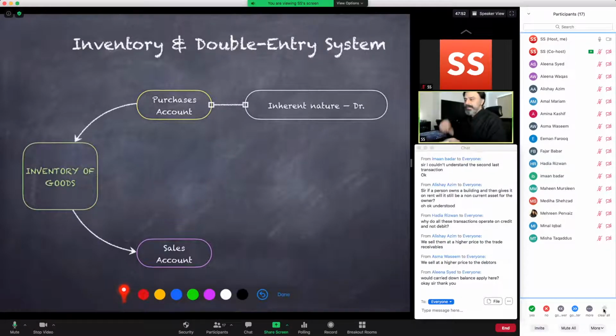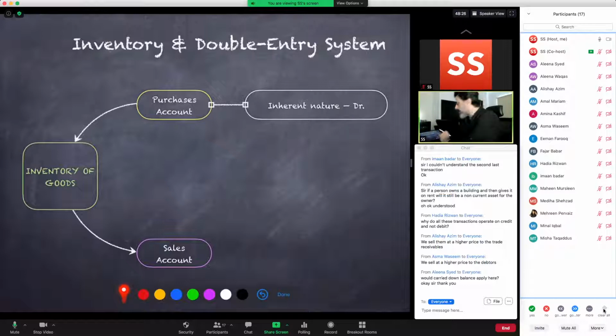Just like when we started studying double entries in Chapter 2, we first identified the inherent default nature of assets, capital and liabilities, because on the basis of that default nature you will create further double entry rules. So you can see it on the screen here, the purchases account that we are going to create in the ledger, the purpose of this account is to record every transaction when we buy goods, and that purchases account will have an inherent nature of debit.